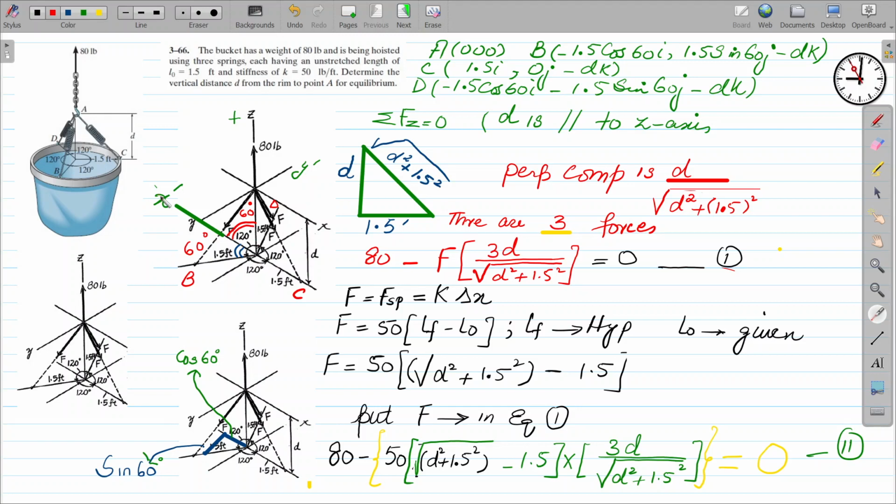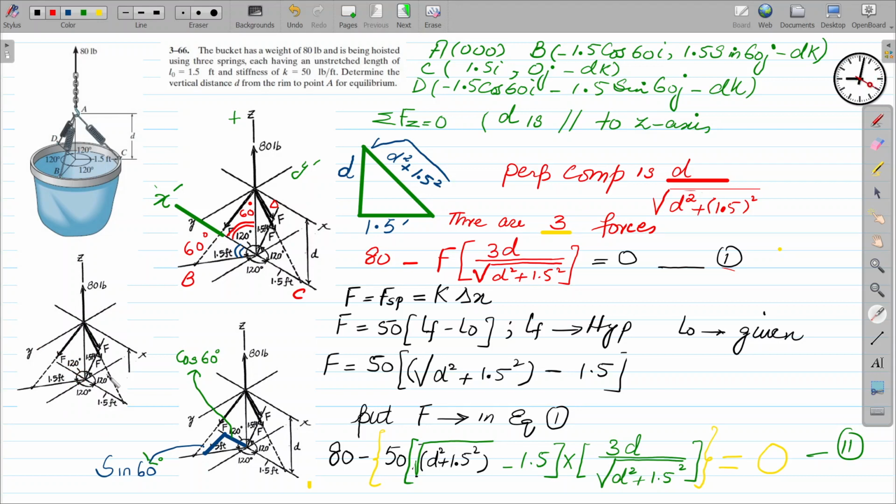We have just divided 120 into two components. You can see here in this FBD, this angle from B to D is 120.